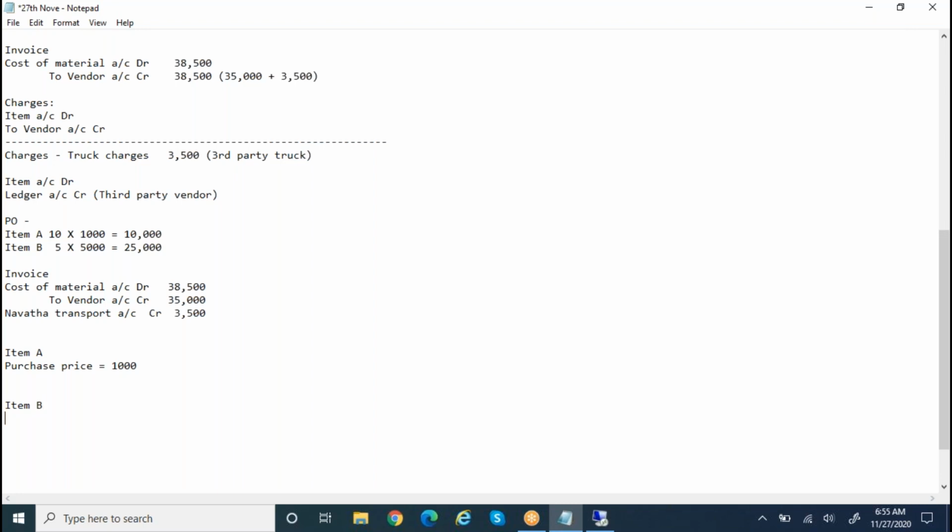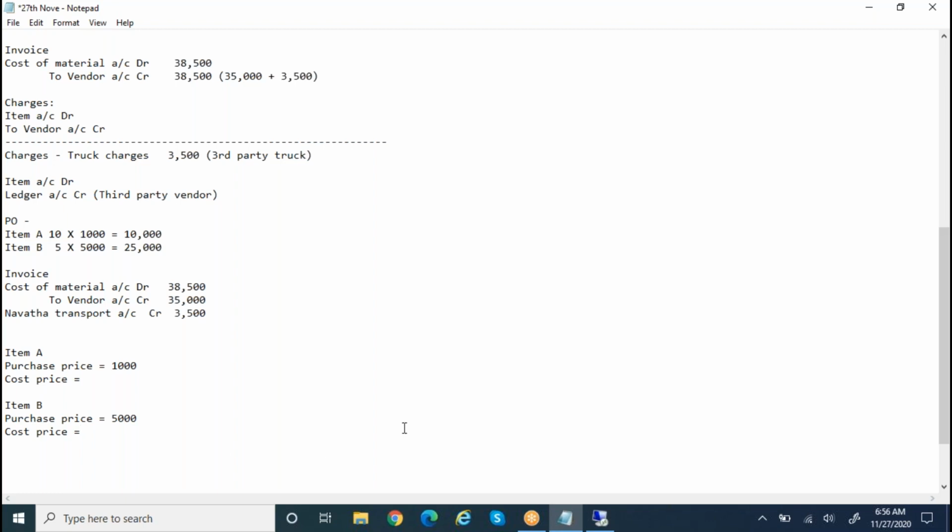Item B purchase price is equal to 5,000. Now I want the cost price. What is the cost price? Now this 3,500 I need to distribute between these two, and I need to arrive at the cost price. The system will take care of everything, but how it is calculating I will show in the system.